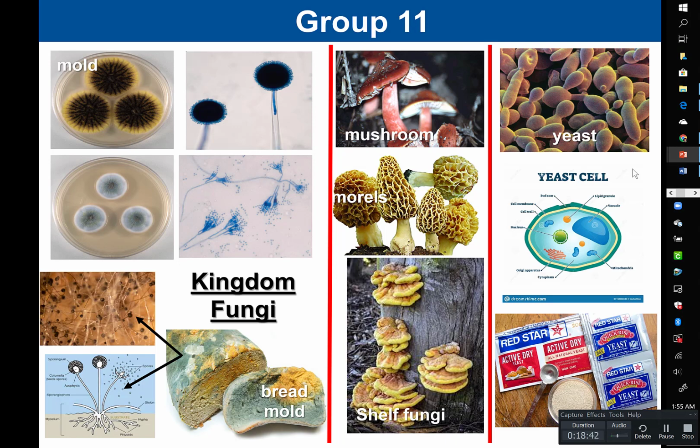It also produces CO2 or carbon dioxide. And so if you think about the uses for yeast, beer and wine, that's because they produce alcohol. We also use yeast to make bread. And you might wonder, well, why is yeast used to make bread? Is it because we want alcohol in the bread? No. What we use yeast for in bread is that the yeast helps the dough to rise.